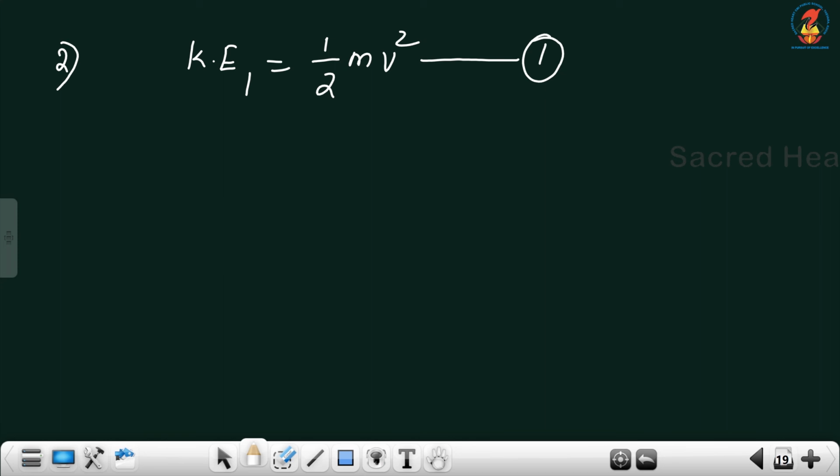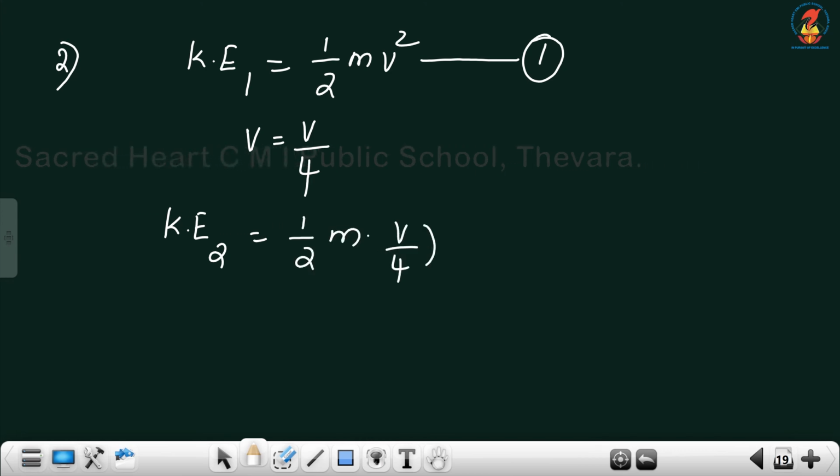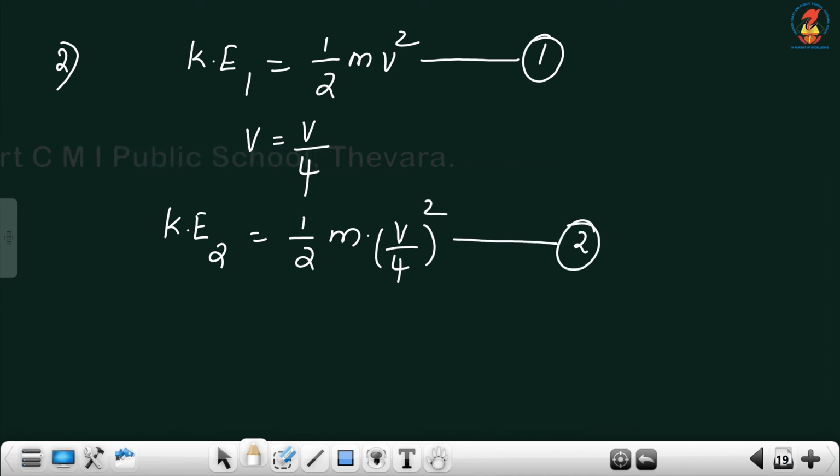Name it as equation 1. According to the question, v is reduced to 1/4, that is v by 4. So, the second equation will be half into m into v by 4 the whole square. Now, what do you have to do? 2 by 1.